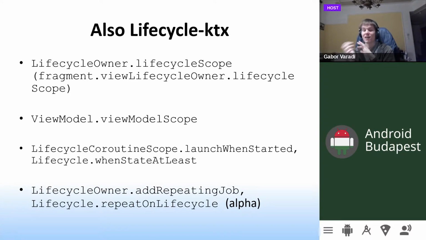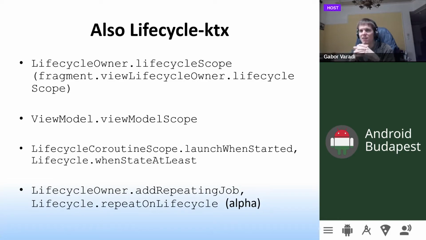And what's the other end of the puzzle? The other end of the puzzle is the lifecycle scope, which allows us to observe flows and execute coroutines only when the given screen, I mean lifecycle owner, is at least started. So only when it's active. If it's not in foreground, or if we navigate it away, then these coroutines can either be cancelled or suspended.